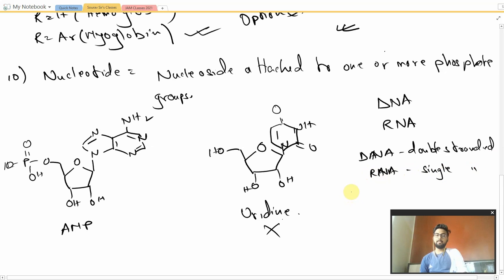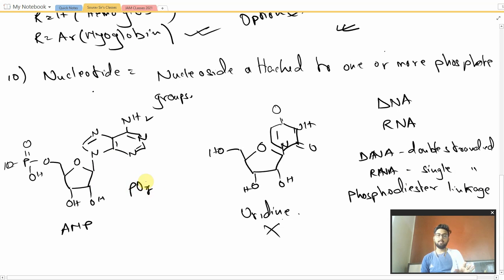The major difference, why are DNA and RNA not nucleotides? Because they have phosphodiester linkages in between them. They have a phosphate group, but they are attached from two sides, making a phosphodiester linkage. They are not exactly phosphate groups. The nucleotide is that group which has a proper phosphate group, like the PO4 3 minus group.